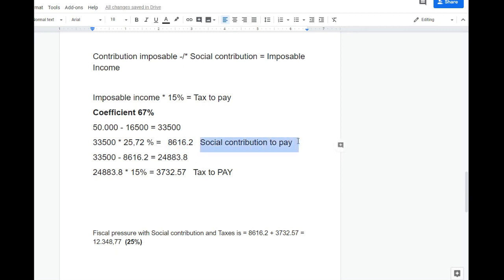I know in Italy it is not really a low amount of money. The social contribution in Italy is the pain point. After that, you have 33,500 euro, and you subtract this amount, and you get the real imposable income. And this will be multiplied by the flat tax, and this is the tax to pay.